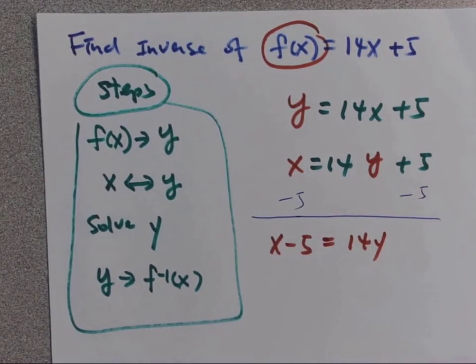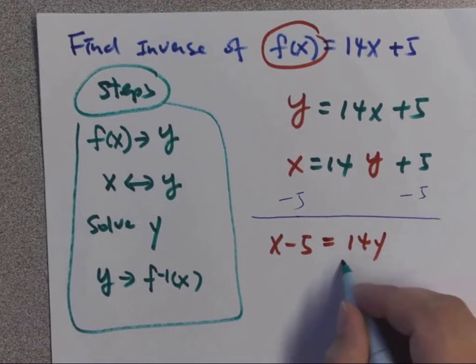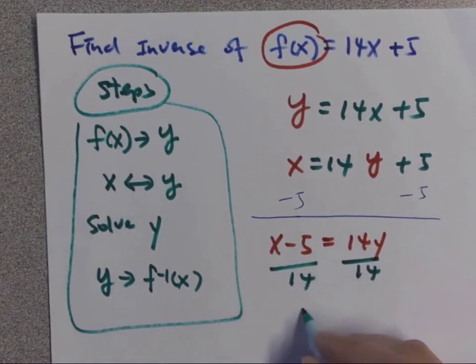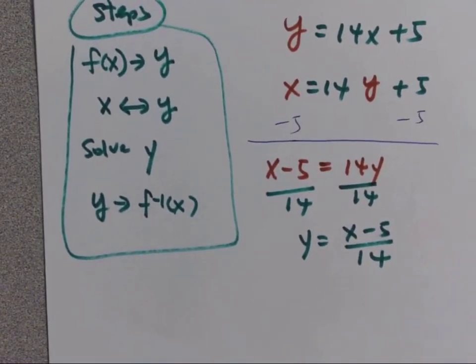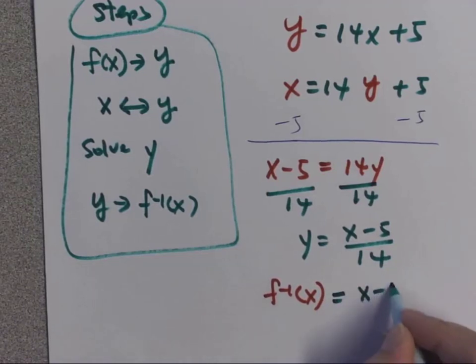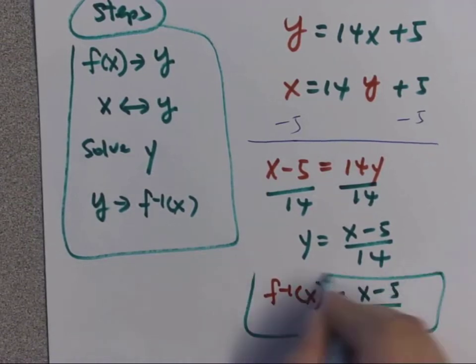And then finally, divide 14 on both sides, so y equals x minus 5 divided by 14. Final answer? What else do I need to do? Change the y to the inverse of the function. Okay? So the first exam we will have one like that, but more straightforward.